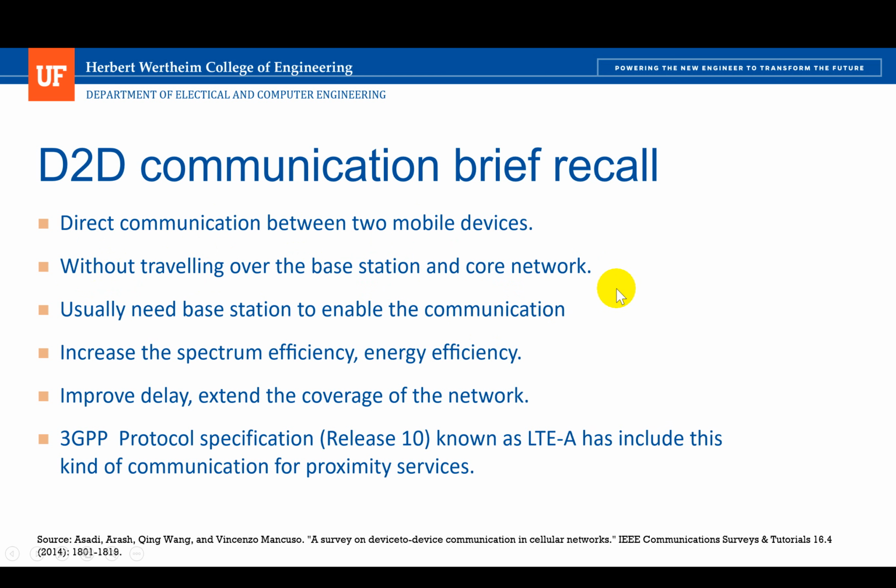Currently in a traditional cellular network, even if A and B want to talk to each other and they are in the coverage of the same cell, they still need to forward the packet up to the core network and forward down to B. So usually the D2D communication needs the base station to enable it, and it brings some merits for the cellular network.